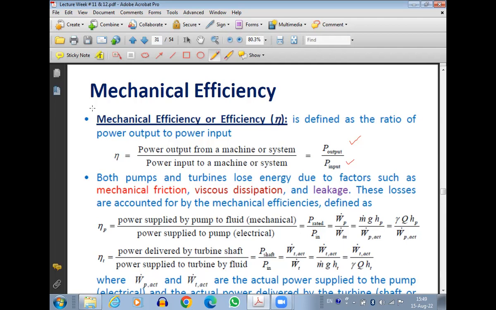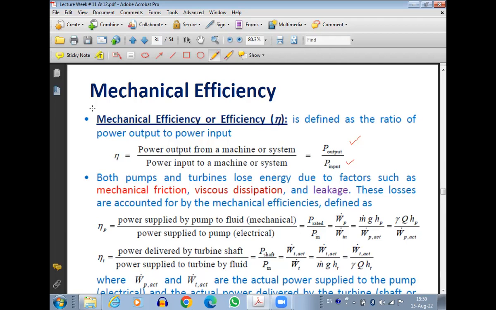So the electrical power which you provided as an input will be transferred to the fluid as fluid power. So fluid power will be the output. So in the case of the pump, the mechanical efficiency will be P output over P input, where P output would be the fluid power and P input will be the electrical or mechanical power.